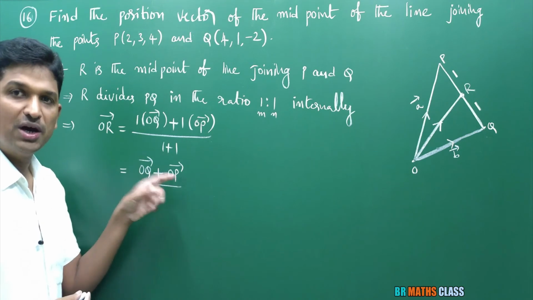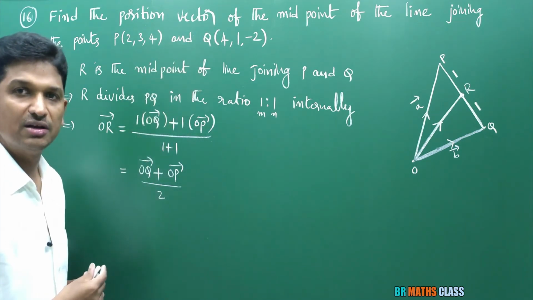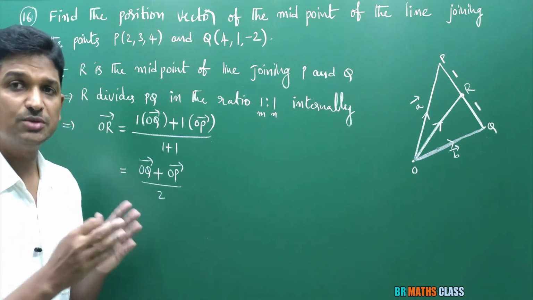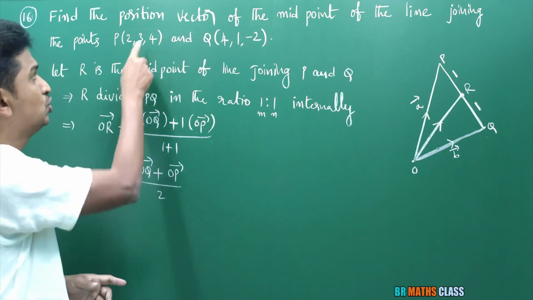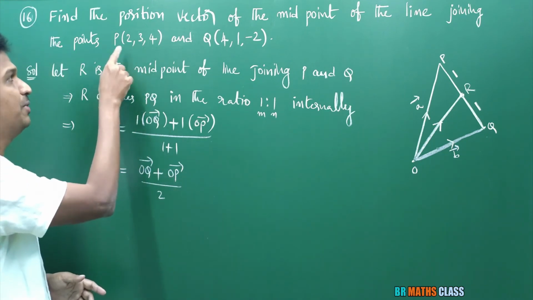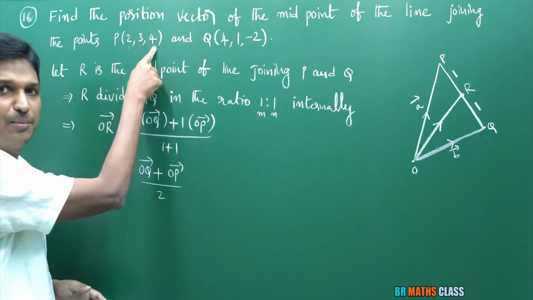I need OQ bar and OP bar, but in the question only the points P and Q are given. It's okay. We know that every point can be expressed in terms of its position vector. If you know the point P, you can write OP bar. OP bar is 2 i cap plus 3 j cap plus 4 k cap.